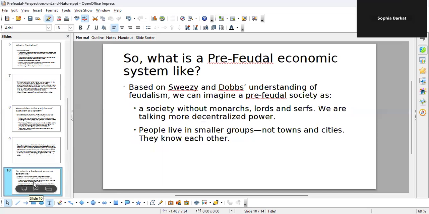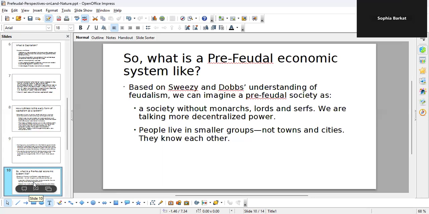So, what is a pre-feudal economic system then? If we start with Sweezy and Dobb's understanding of feudalism and capitalism, we can imagine that a pre-feudal society is probably a society without monarchs, lords, and serfs. We are talking about more decentralized power, more egalitarianism, more equality, right?